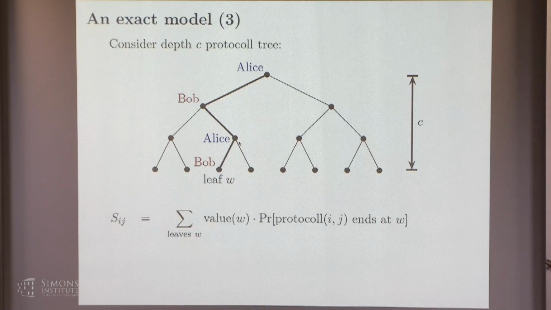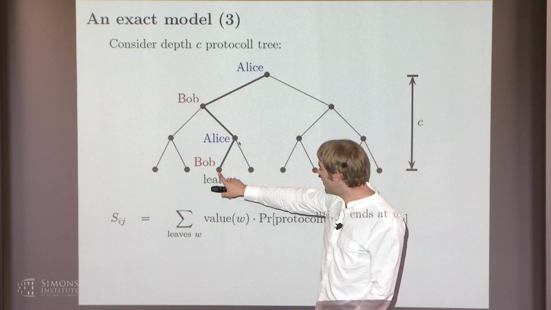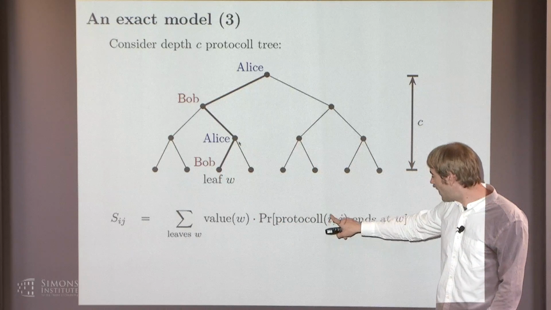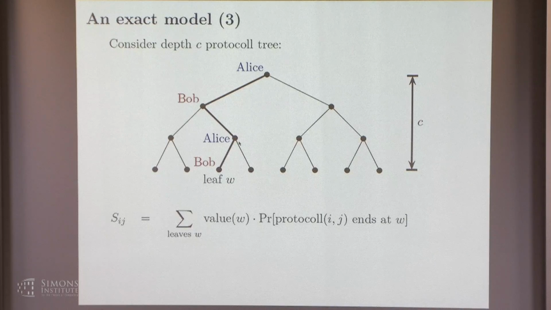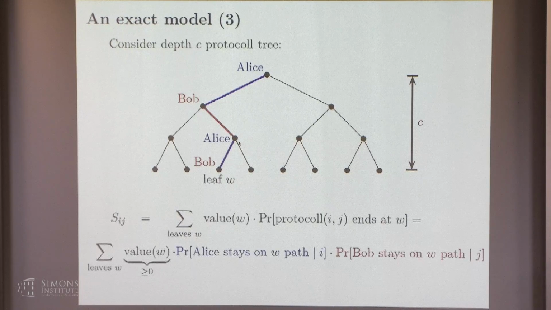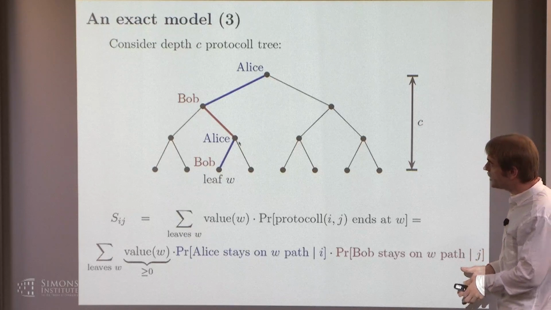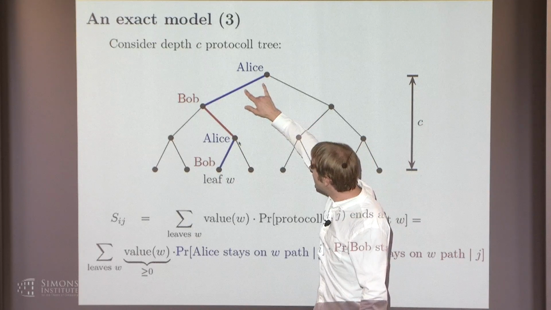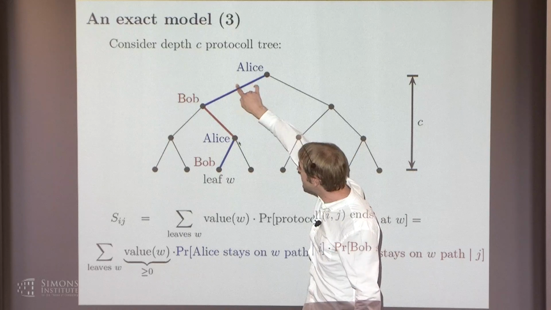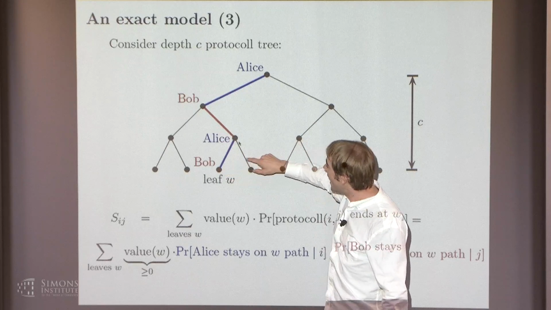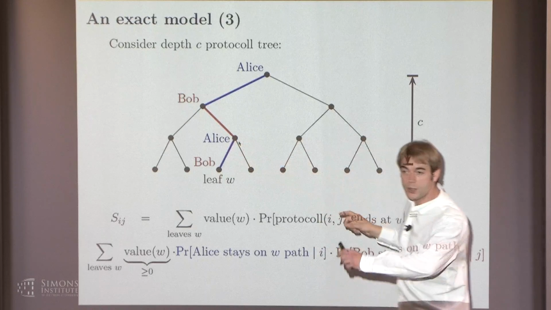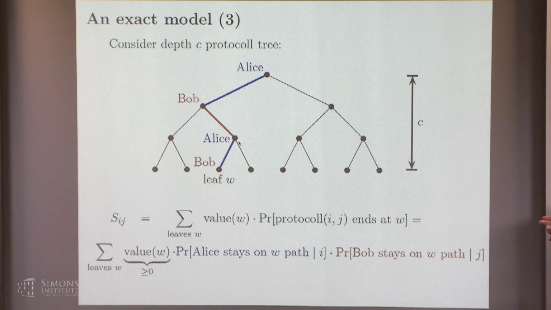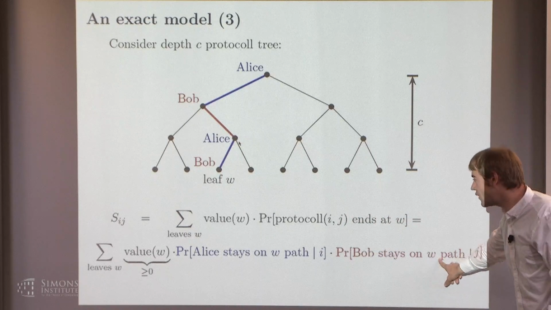But if you fix a leaf and you fix some input i and j, and you wonder what the probability is that we end up at that leaf, it's the probability that in all the rounds that belong to Alice, you're staying on the path going down to the leaf, and in all the rounds that belong to Bob, you're also staying on the path that goes down to the leaf. So these are two probabilities that you just have to multiply.